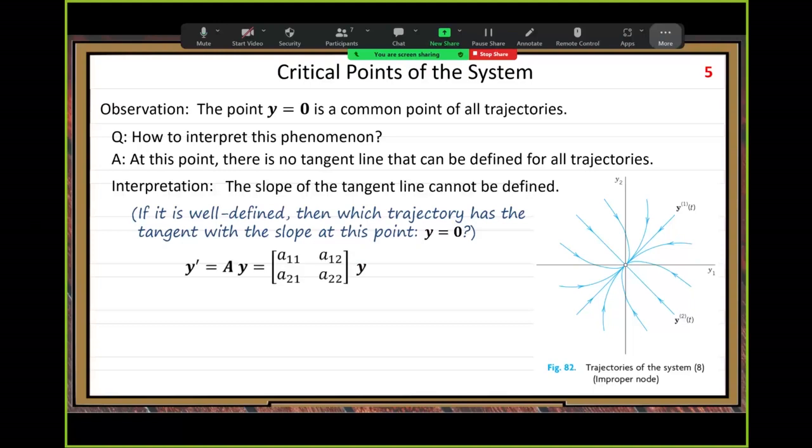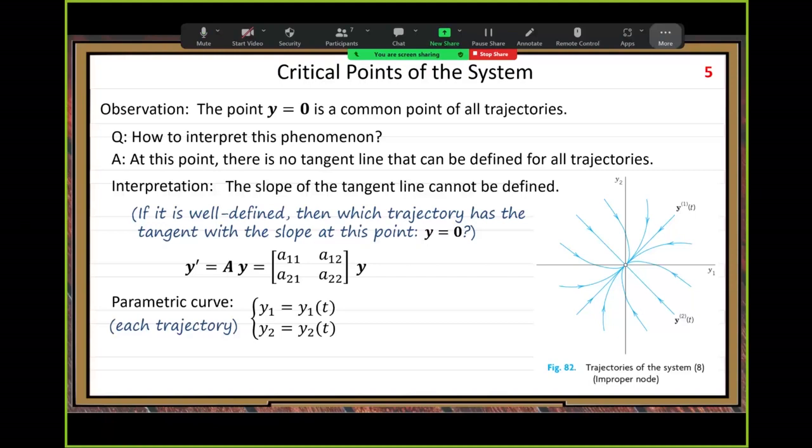If we look at the equation, because the system is a homogeneous linear system, and we use the parametric curve for each trajectory, we have the parametric curve equation like this, y1, y2.